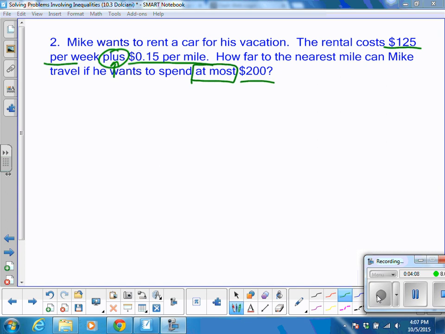So this is telling us a few things. So we're going to try a let statement. What are we trying to solve for? It looks like miles here. So let M equal the number of miles Mike can travel.